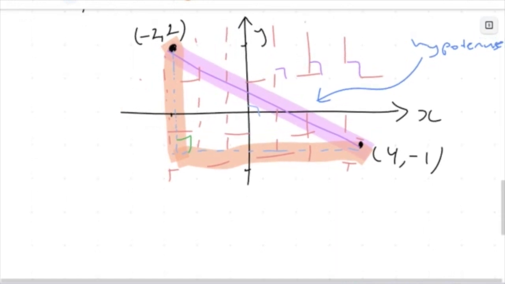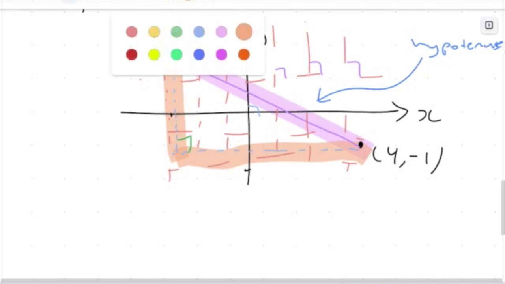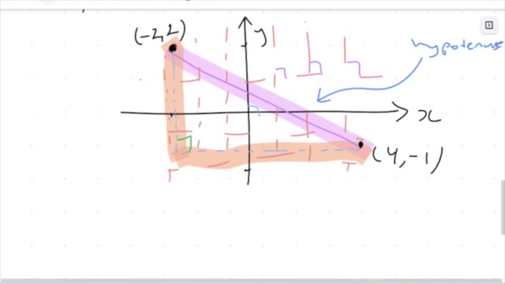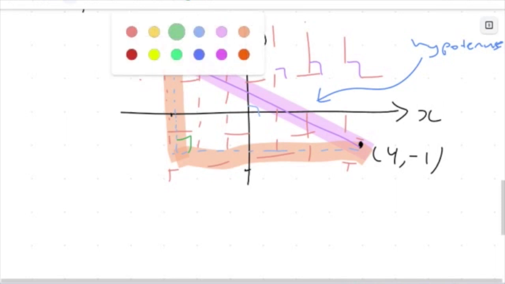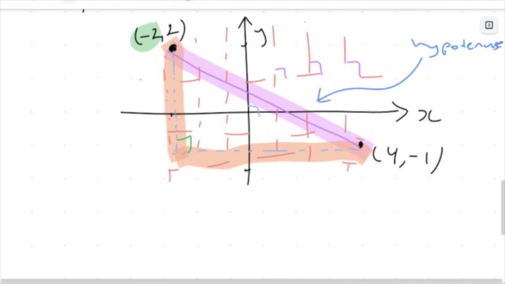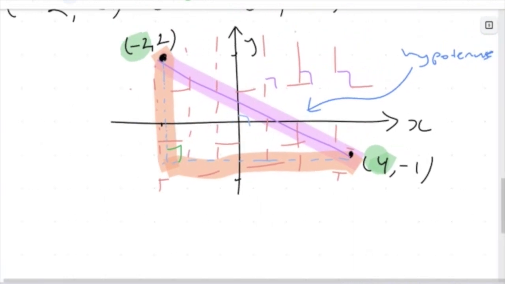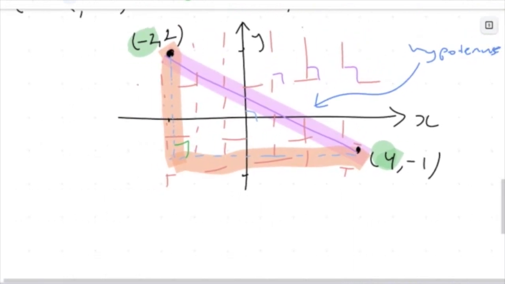I want to look at, separately, the x and y coordinates. Because my x coordinate here, for example, in my first point, that is -2. And that goes all the way up to +4. So how many units have I traveled? Well, I've traveled from -2 to 0.